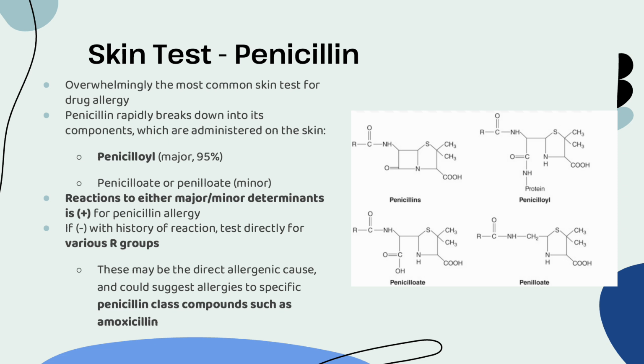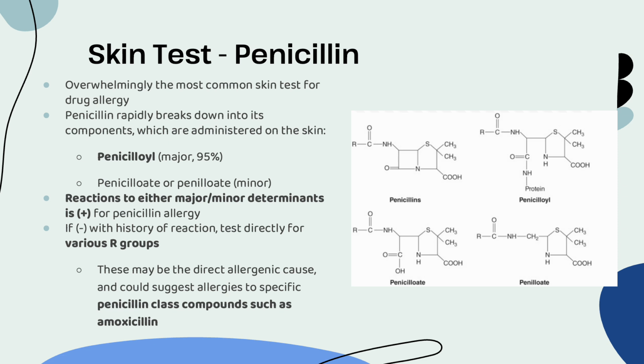We'll inject both of these intradermally, and if the patient has a reaction to either the major or the minor determinants, they're going to be considered positive for a penicillin allergy. And if they're negative for both of these, but they still have a reaction, you are going to test directly for R groups. If you look at the penicillin molecule on the left here, you can see it has the R group.